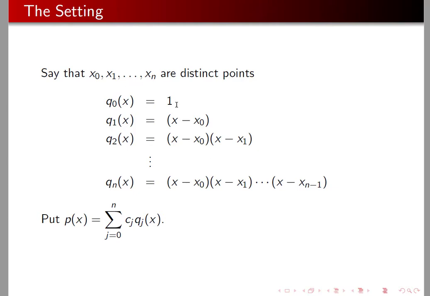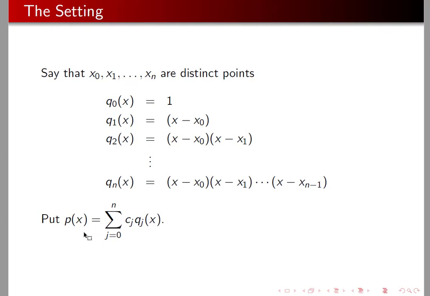Well, first, q0 is the constant polynomial 1. q1 will be x minus x0. q2, x minus x0 times x minus x1. And then we'll continue in this way till we get qn is x minus x0 times x minus x1, and so on to x minus x(n minus 1), okay?